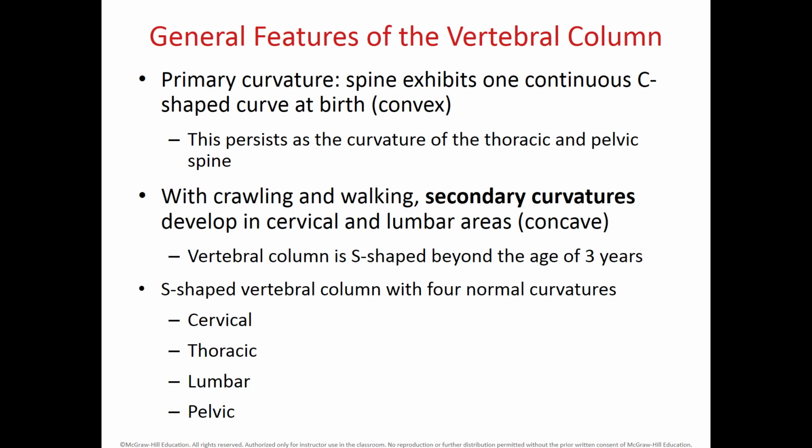So we have within the vertebrae primary curvatures that form during fetal development. These primary curvatures form a continuous C shape, and they are convex.